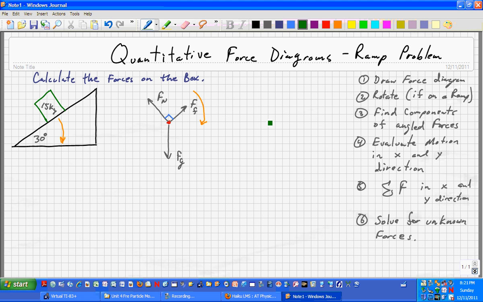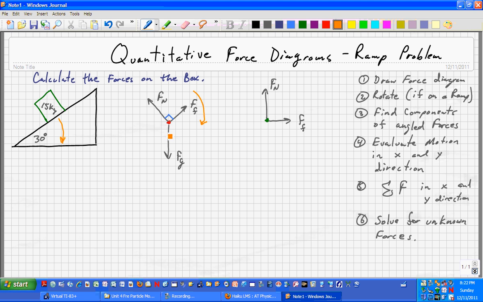I'm going to go ahead and twist this so that my force of friction is along the x-axis, and my normal force would be 90 degrees to that, so that would be pointed straight up.